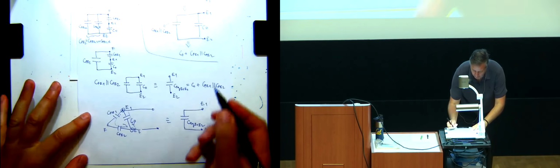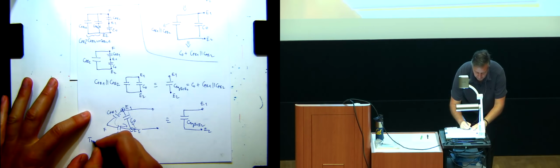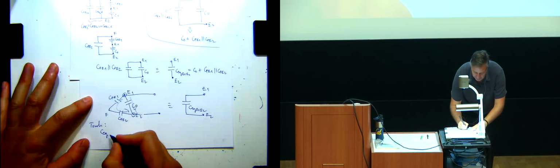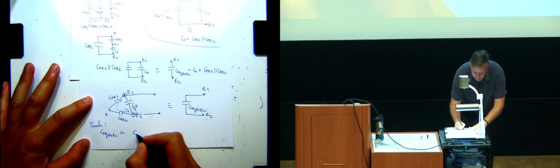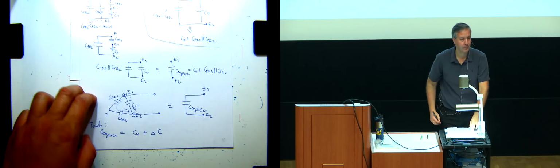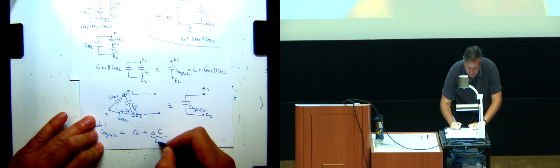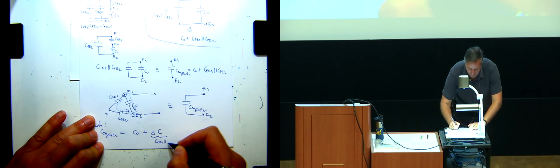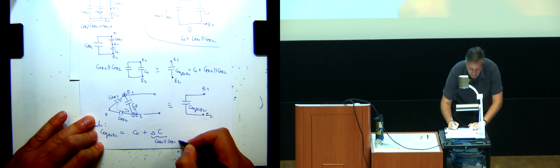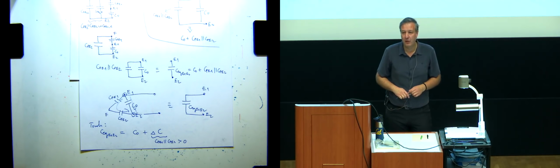Okay, so the bottom line here is that C equivalent in the touch condition, C equivalent between E1 and E2, equals C0 plus some delta C. That delta C is essentially this CFE1 in parallel with CFE2. And it's some quantity that's always greater than 0. Capacitance is always greater than 0.